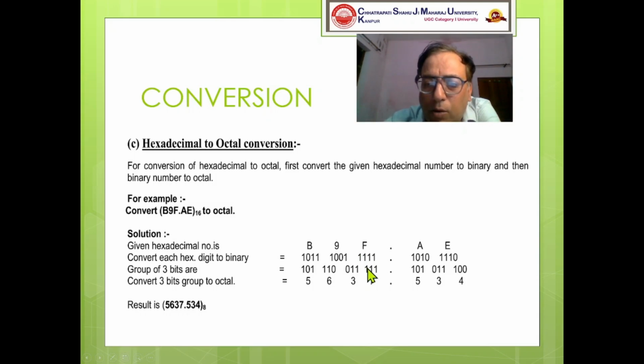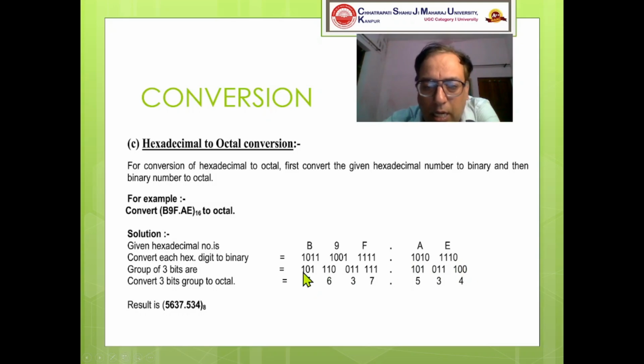Now, after getting this, I just take groups of 3. First group 111, then 110. Then we are left with 0 here, 1 here, and another one from here. Then the rest is 101. Now I'm simply making groups of 3 bits. Similarly, in the fractional part, I'm taking 101 here, then 011 here, then 10, and by default a 0 is added.